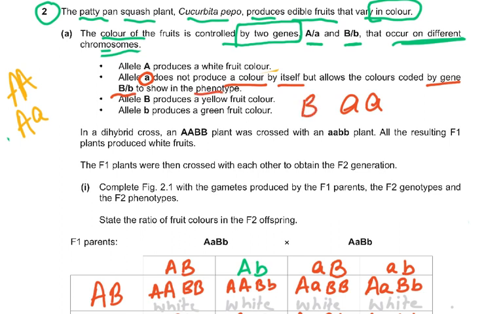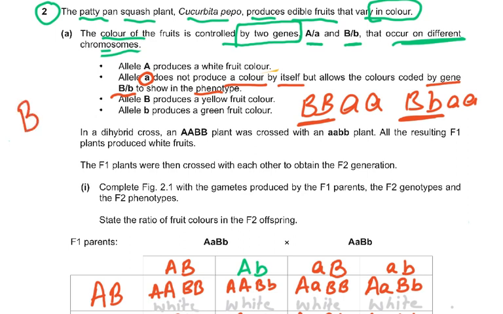So if there is big B big B, or big B small b, and small a small a, they're going to show the effect of the big B or the big B small b. Then we have slightly more information. It says allele big B produces a yellow fruit color. So all those which are this or this are going to be yellow in color.